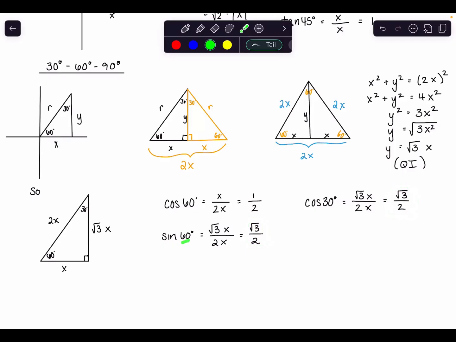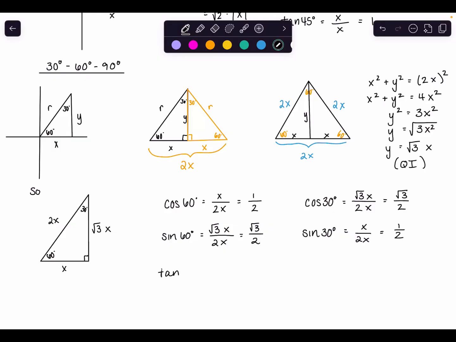And that's important for us because 30 and 60 are complementary, which is where this co comes from. So when I go to find sine of 30 degrees, it's really going to be the same thing as cosine of 60. So sine of 30, sine is opposite over hypotenuse. So that's x over 2x, giving us 1/2.